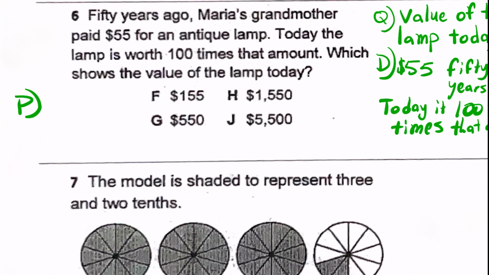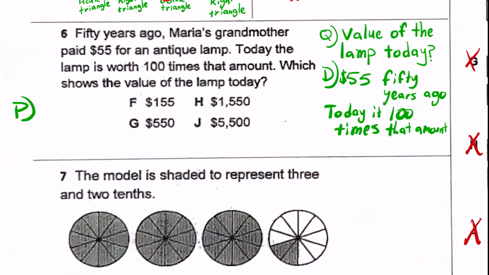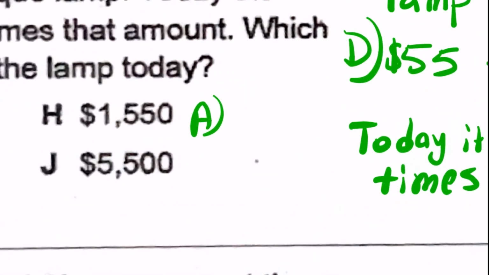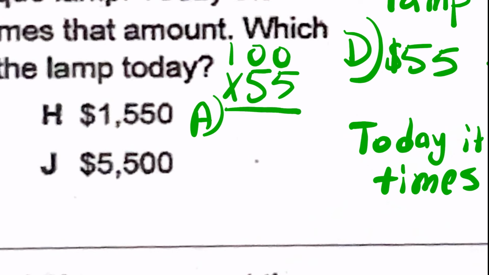For our plan in this one, we know that we're going to be multiplying because it says 100 times. So we're going to do 55 times 100. Let's go ahead and show our work for our answer. We know that it's 55 times 100. And we learned that when we multiply times 100, we cross out a 0 and then the other 0, that's 2 zeros that we have to cross out.